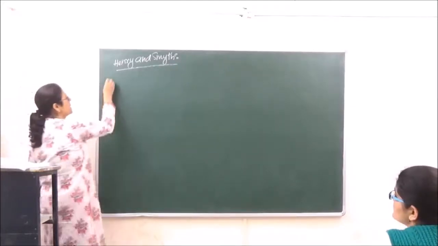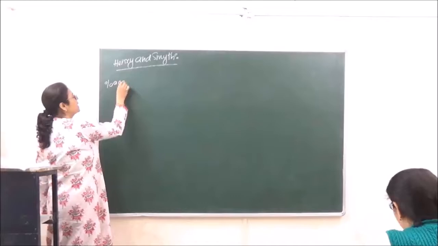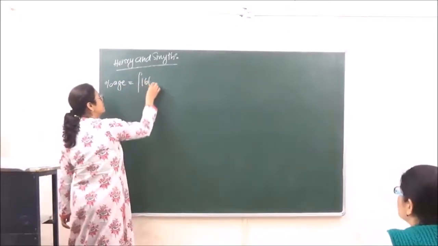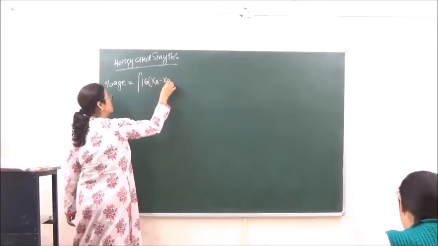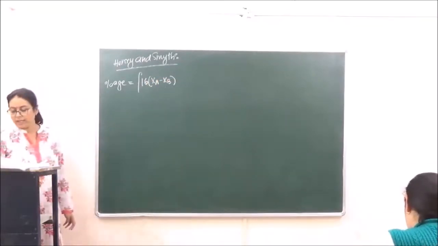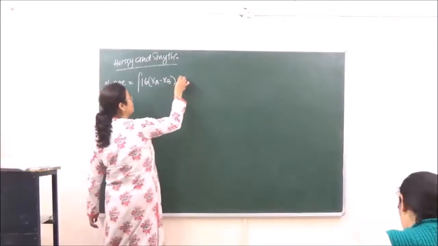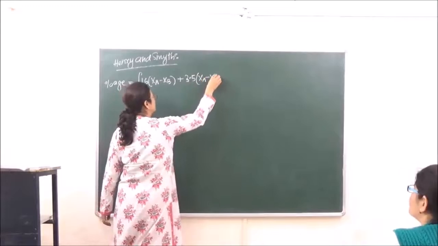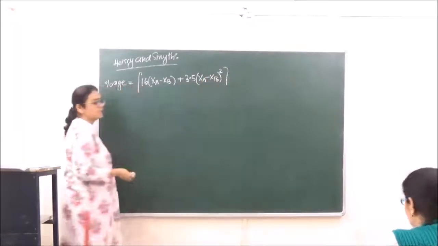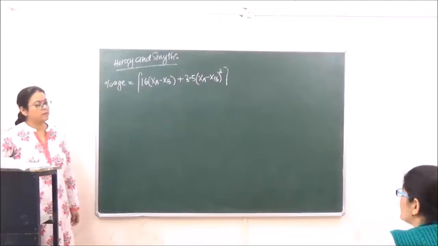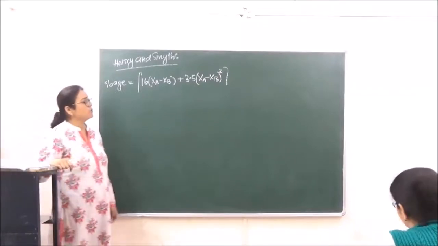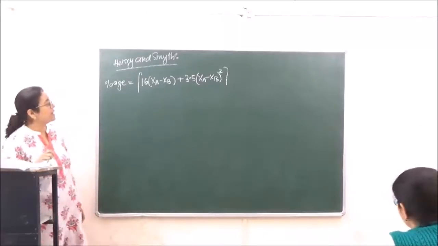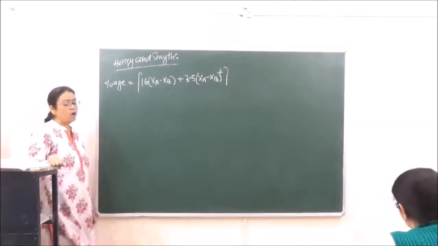According to this, percentage of ionic character can be given by this relation, that is 16 (XA - XB) plus 3.5 (XA - XB) whole squared, where XA - XB represents the difference in electronegativities of atoms A and B. Okay? So this is how we can calculate approximately the percentage of ionic character.